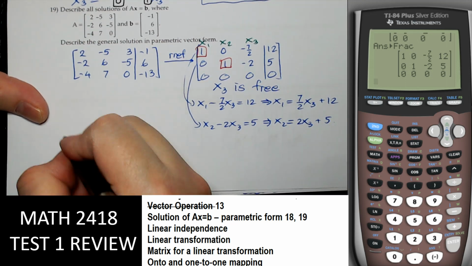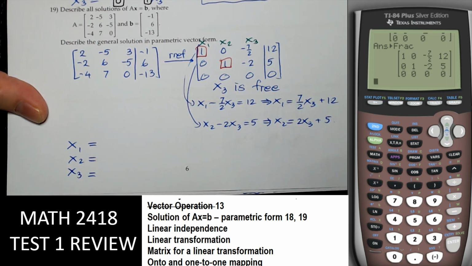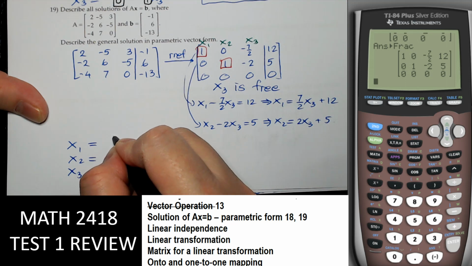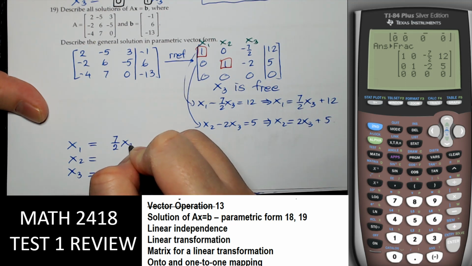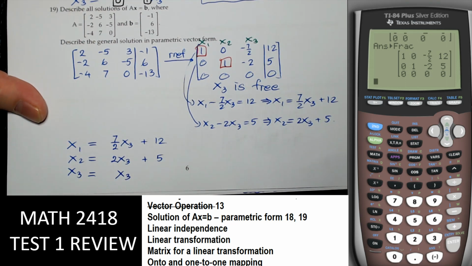So X2 is equal to 2X3 plus 5. If we put this in column, X1, X2, X3, X1 is 7/2 X3 plus 12, X2 is 2 X3 plus 5, and X3 of course is free, so just 1 X3 equal to X3.